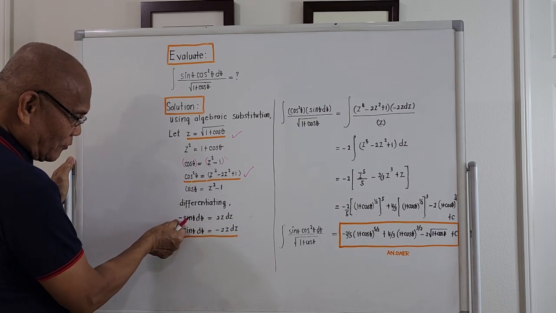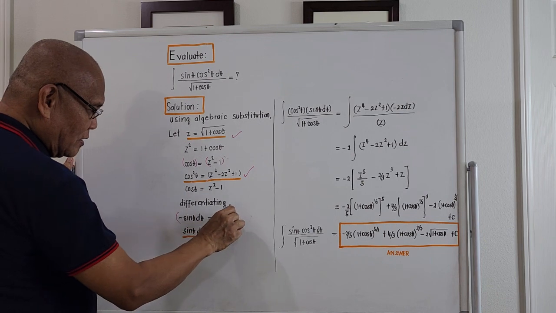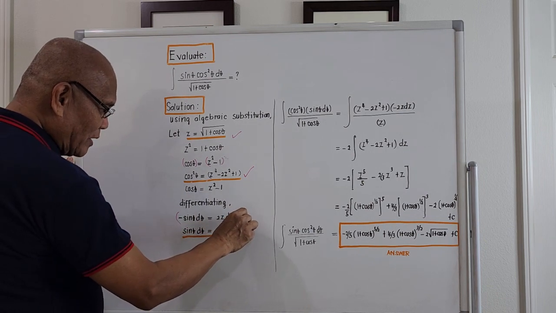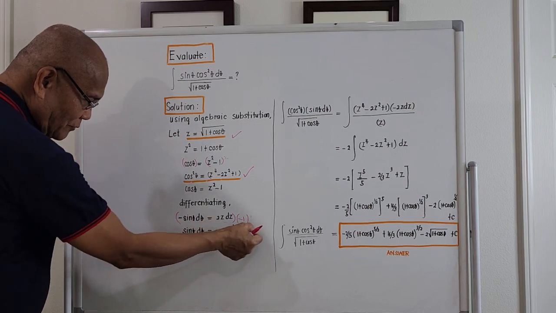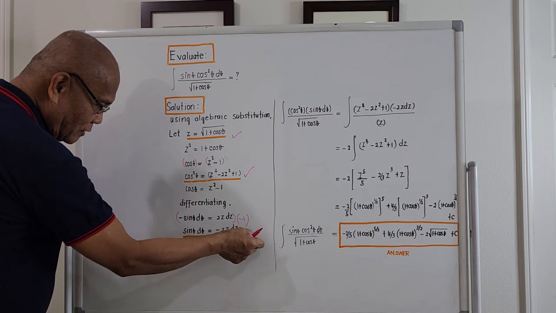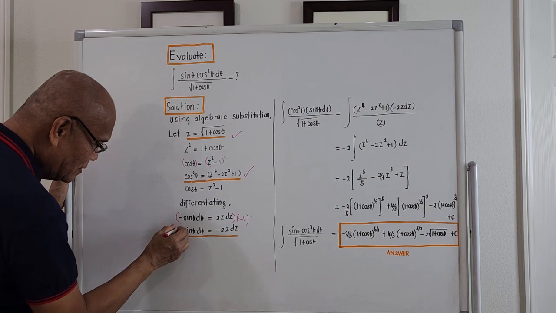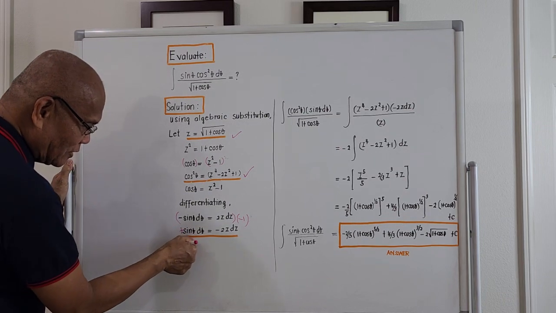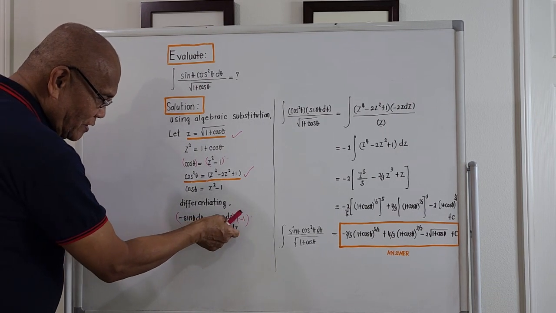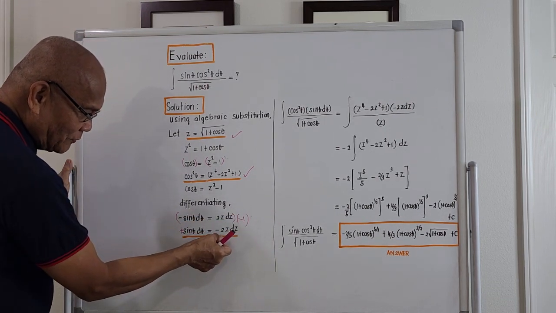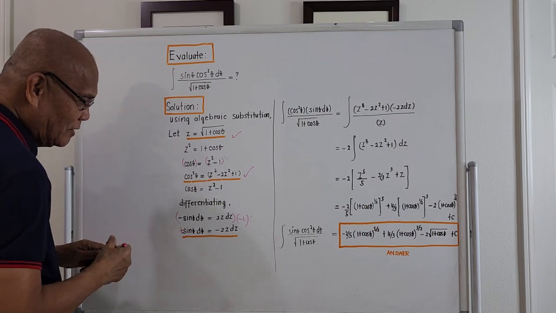If we try to remove this negative sign here, we will multiply all terms by negative 1. So negative sine of theta, d theta times negative 1, a negative and a negative, this will now be positive sine of theta, d theta, equal to 2z dz times negative 1, which is negative 2z dz.